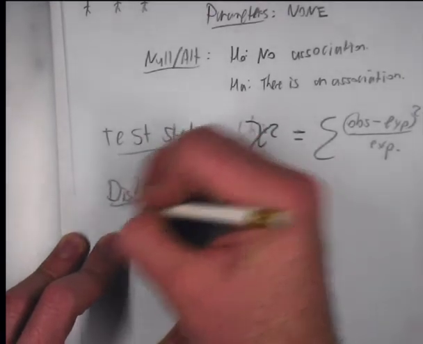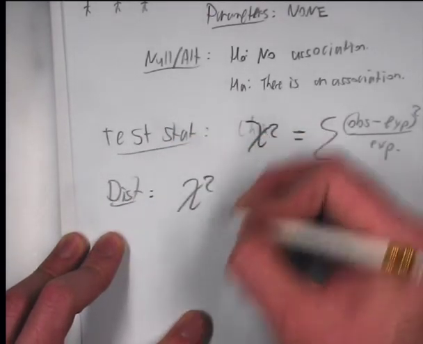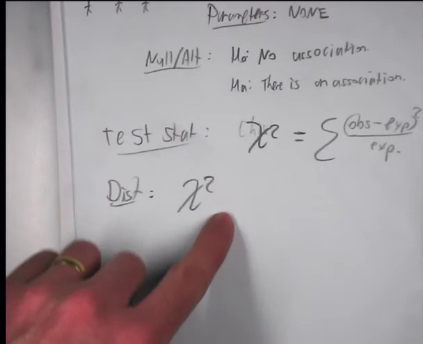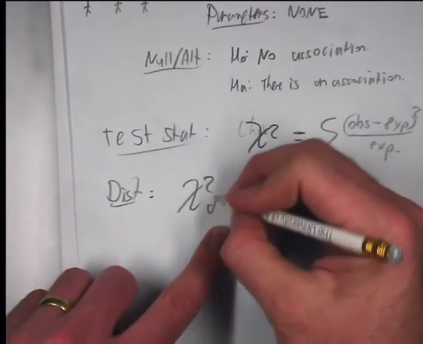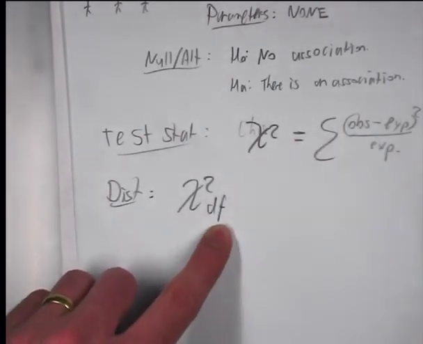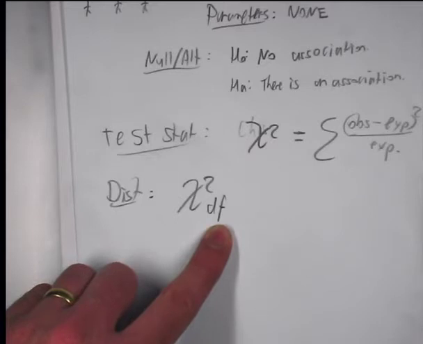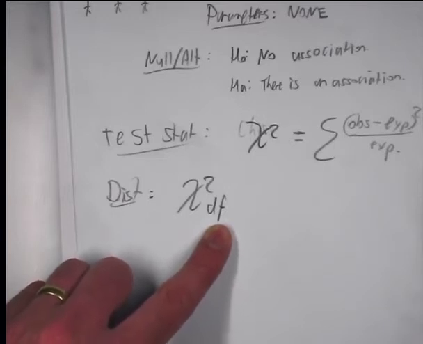The distribution is a chi-square distribution with a degrees of freedom that goes in this spot. You have to find which chi-square distribution it is. In the lecture notes, he says that degrees of freedom is number of columns minus 1 times number of rows minus 1 in your two-way table, which is perfectly true.